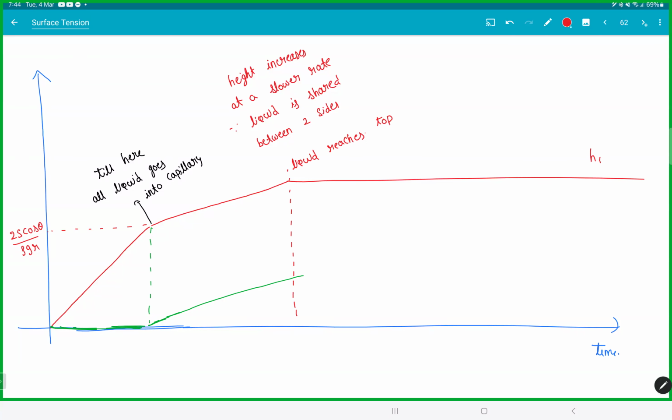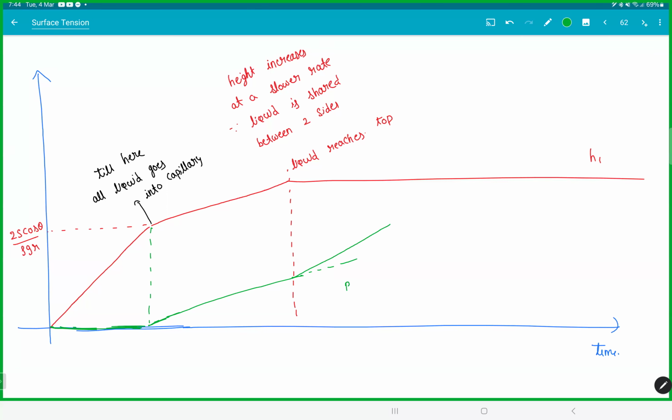What will H2 do now? Now see, once the liquid reaches the top, all the liquid will go only to the right side, isn't it? Previously both were sharing. Now all the liquid will go to the right side, but understand the right is still a big thick container. So it will increase, but at a slightly faster rate.